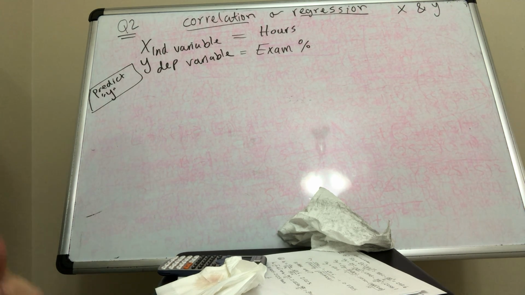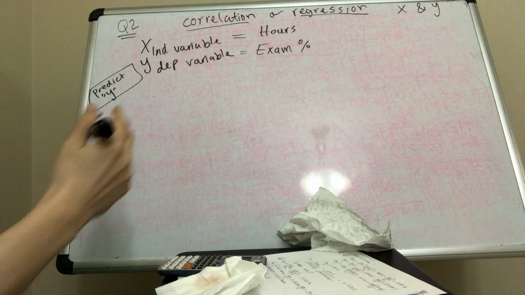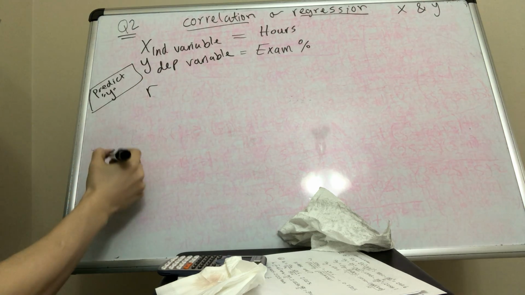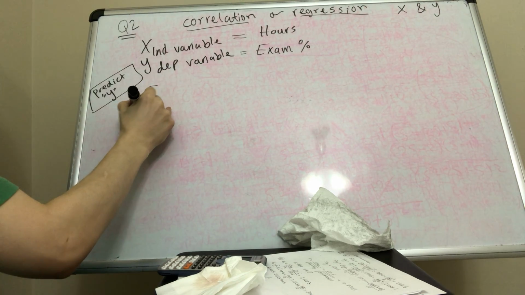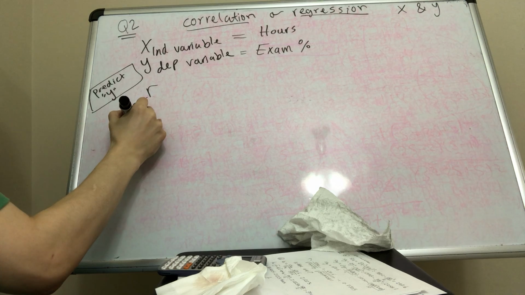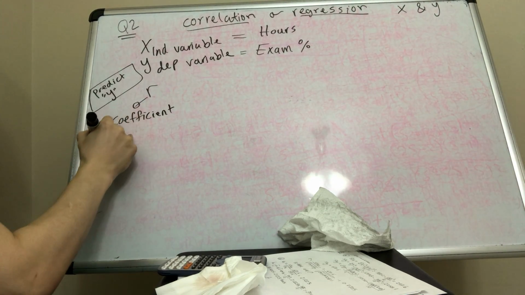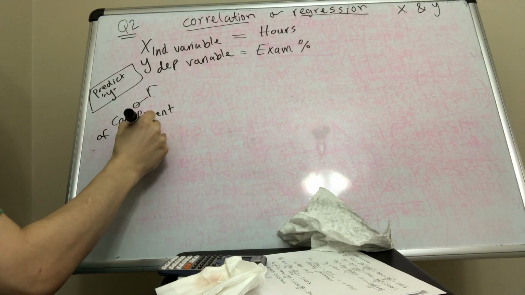Now, since they want you to find the correlation, if you go to your formula sheet, the regression section, correlation is R, the coefficient of correlation.